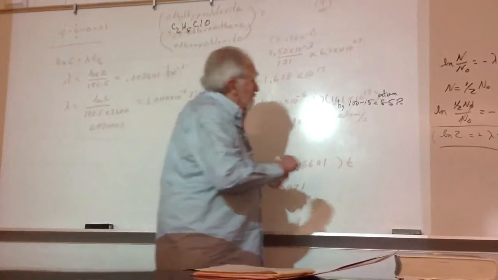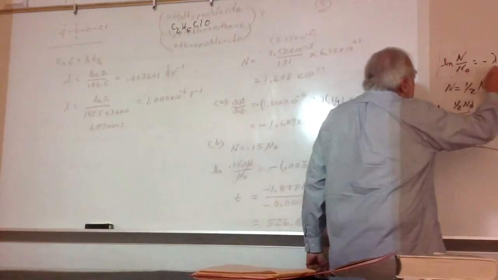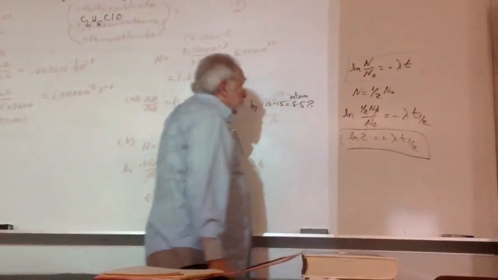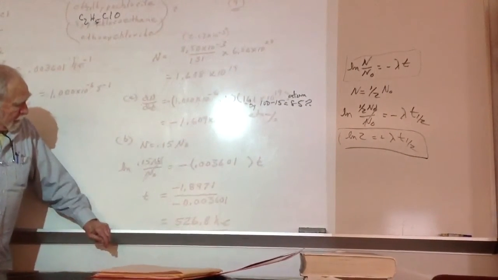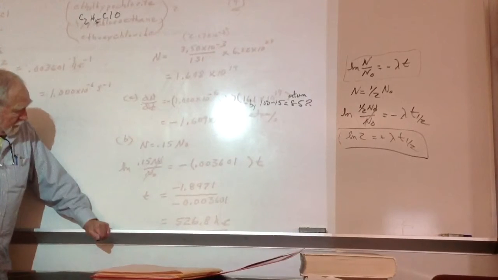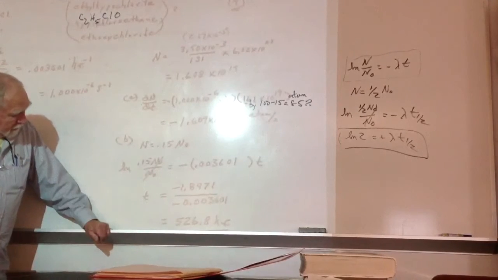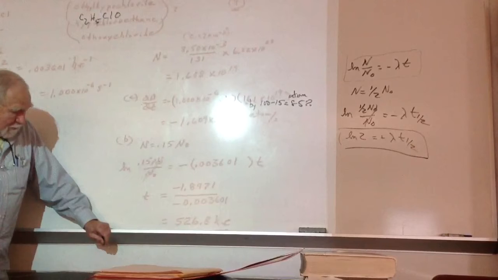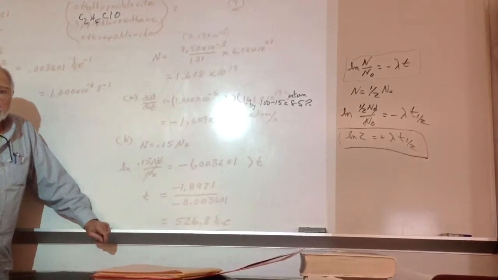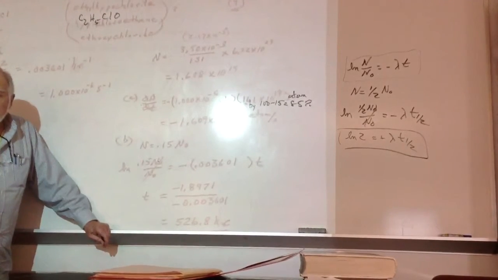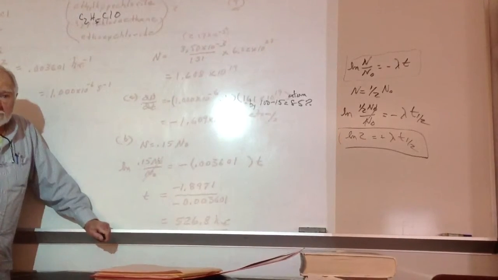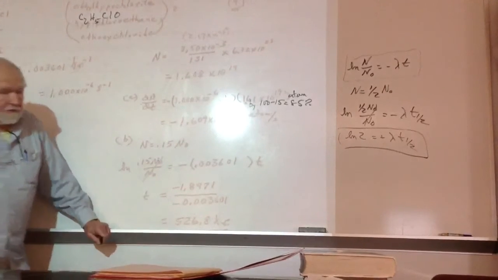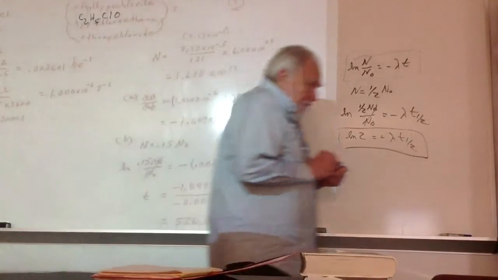I was using this equation right here. And so I calculated how long it took for it to get to 15% of the original value, and it was 526.8 hours. Okay? Questions? All set with that? Moving on.